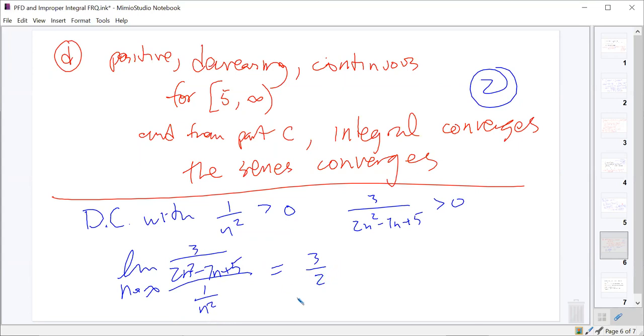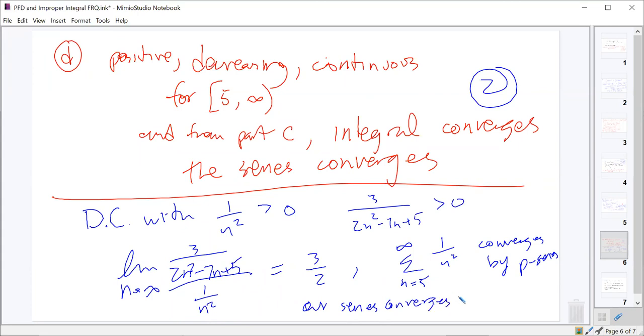So since this limit exists, and we know that the sum from n equals 5 to infinity of 1 over n squared converges by the p-series test, our series also converges by direct comparison. Or not direct comparison, sorry, limit comparison. I don't know why I said direct comparison over here. I did limit comparison because I wrote it out as a limit.